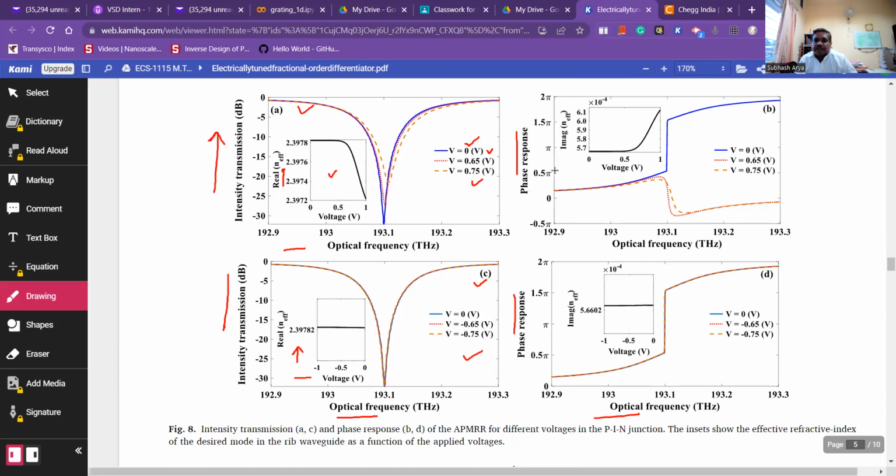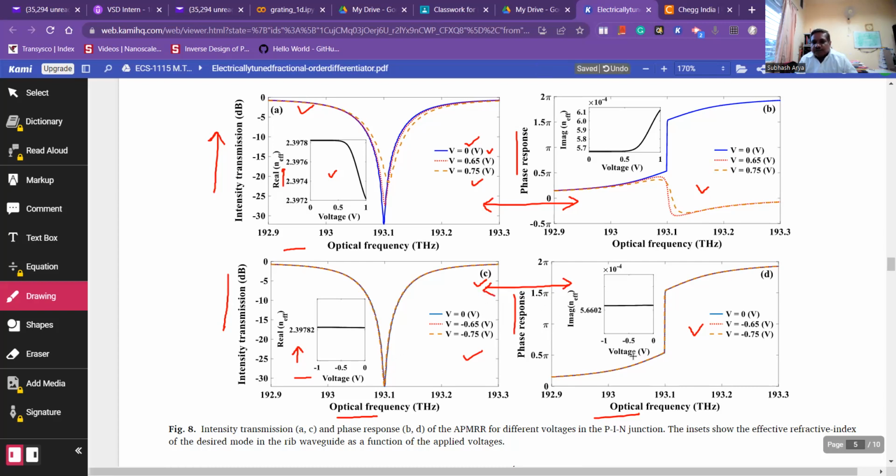So this is the imaginary part of effective refractive index, positive voltage, and then negative voltage. These both are for positive voltages, and C and D are for negative voltages.